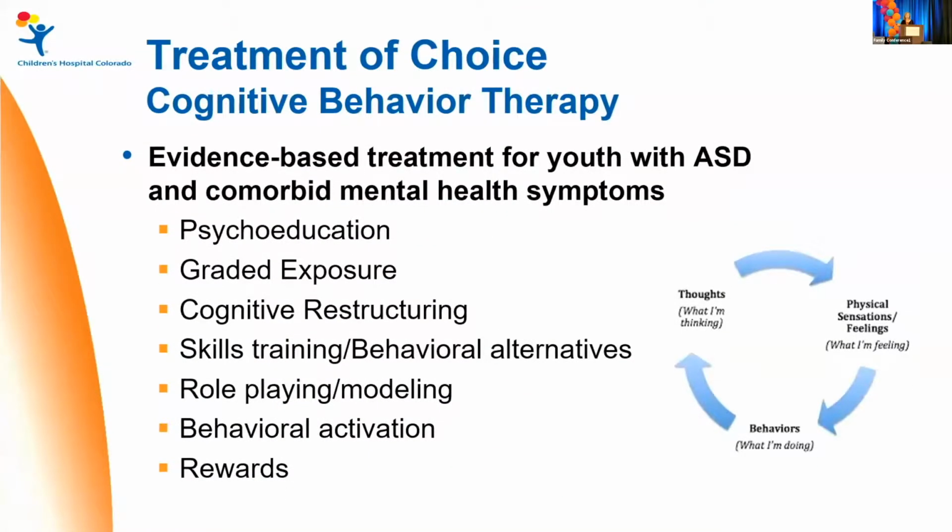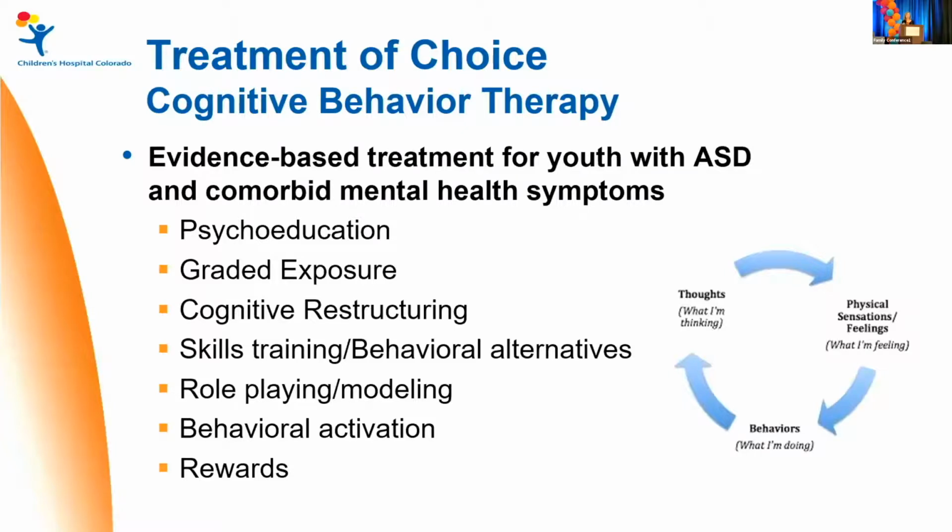The treatment of choice is cognitive behavioral therapy first, in children with autism spectrum disorders. So cognitive behavioral therapy uses cognitive skills to work through something. Is this a big deal or a little deal that my friend sat in the chair I usually sit in? Or cognitive distortions: my friend didn't want to play with me today.